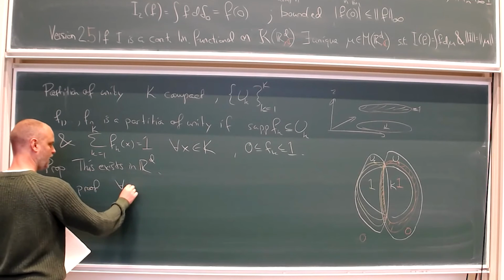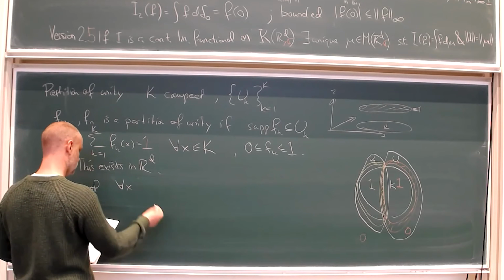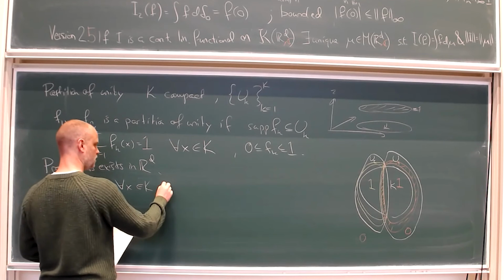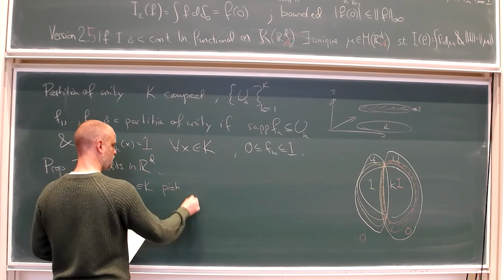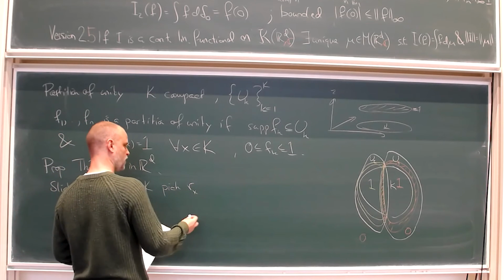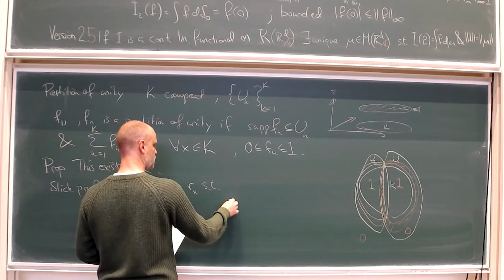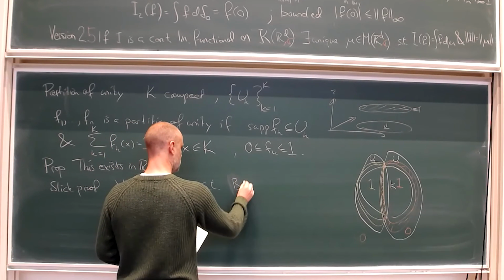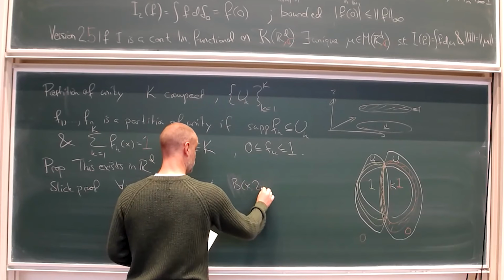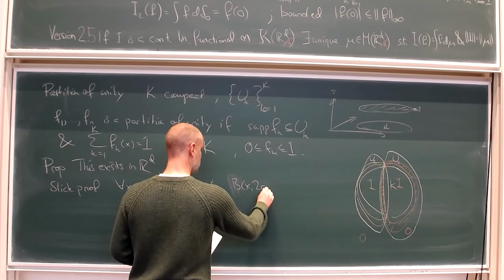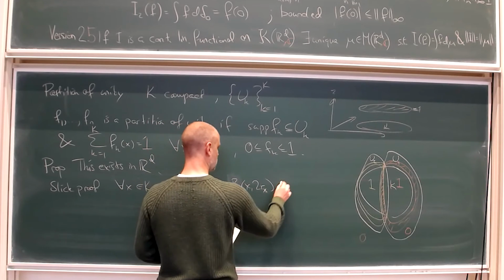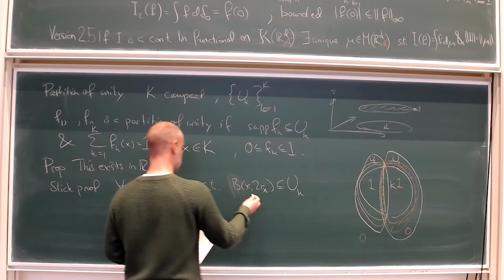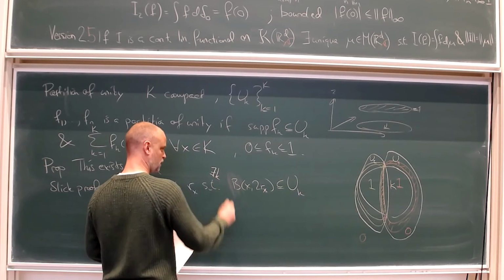So for all x in K, pick Rx, some sort of radius, such that the ball with center x and radius 2Rx is a subset of U_k for one of the possible k, right?